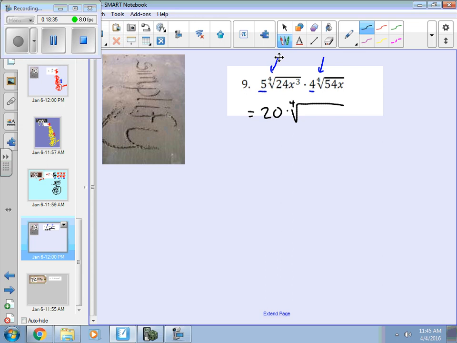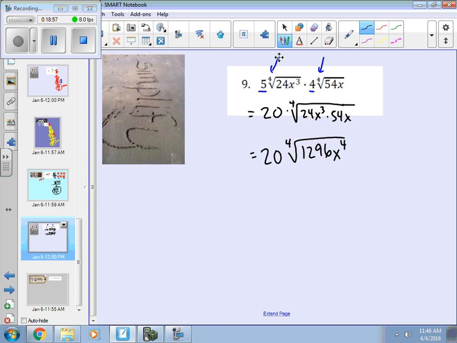So we should be able to multiply 24x to the 3rd times 54x and see what that simplifies to. So if we do that, that's going to be 24 times 54 is 1,296. And x to the 3rd times another x is x to the 4th.